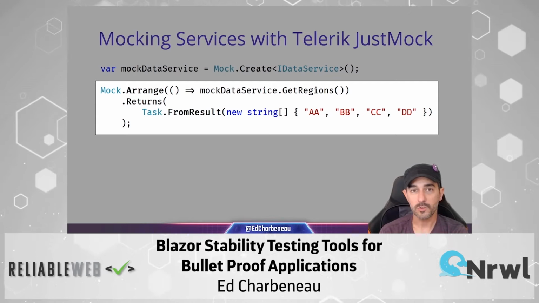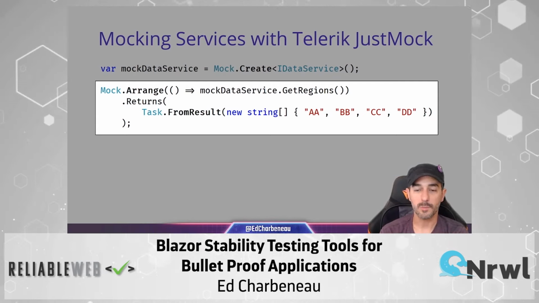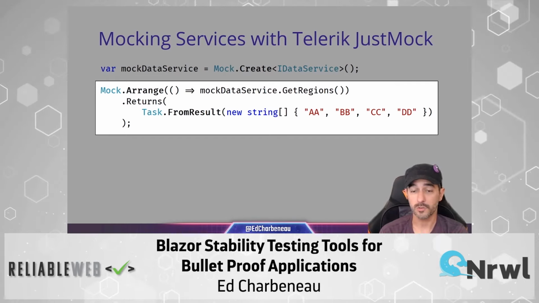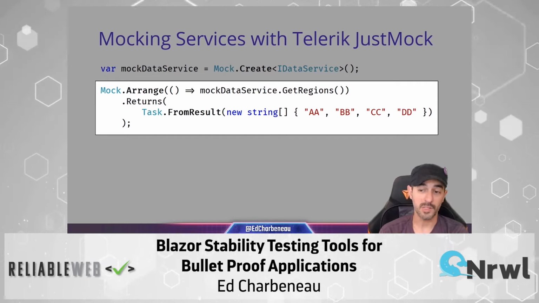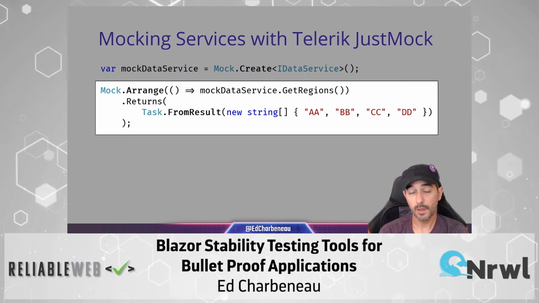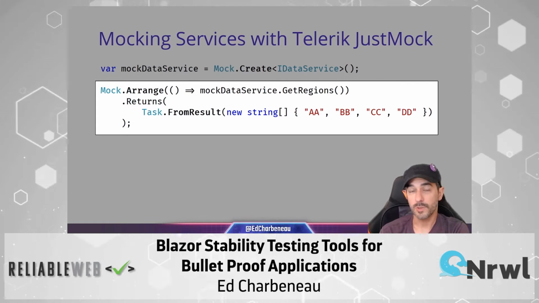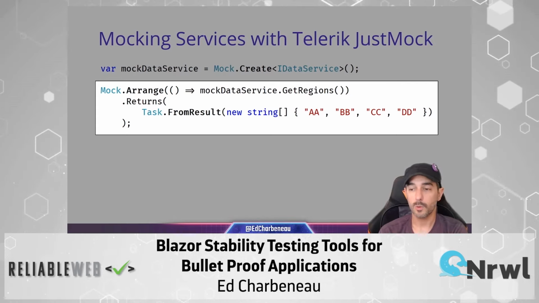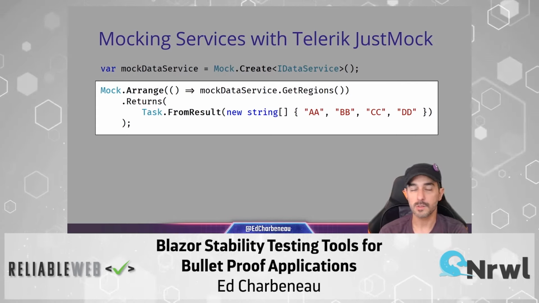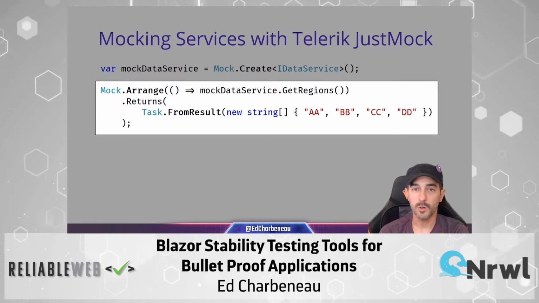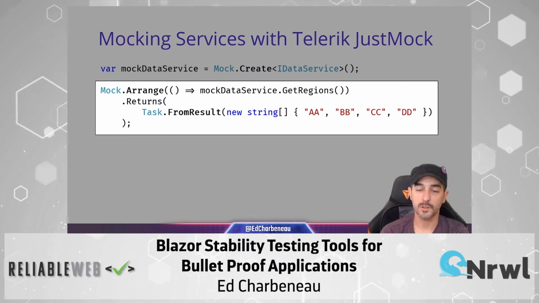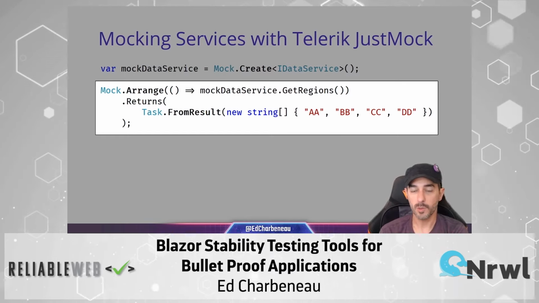And when that method is called, we want to get back this static string array of A, B, C, and D. This way, we're not calling out to a data service that has data that's maybe input by users or some other variables that are constantly moving. We have a known array that's going to be returned for us so we can test an integration with other components in the system.